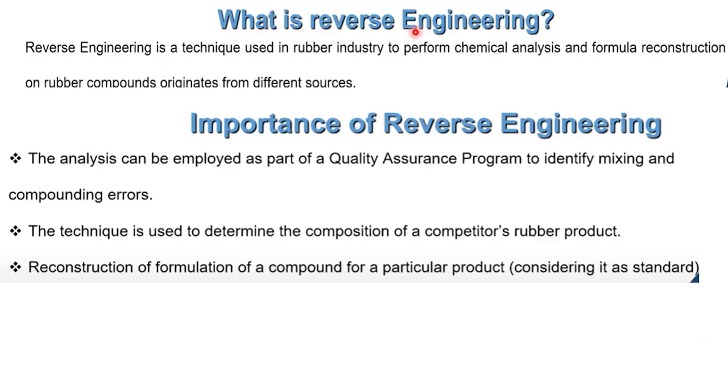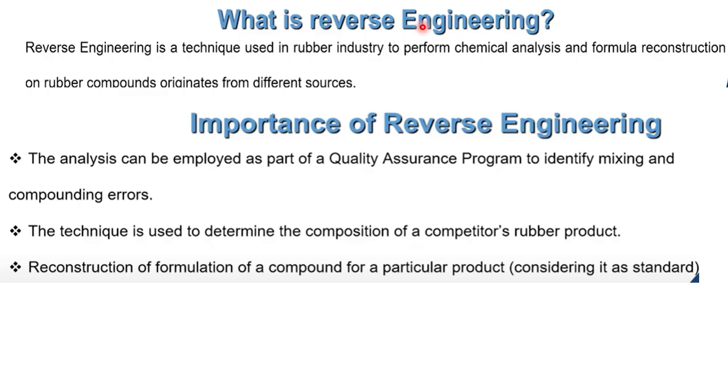The next important part is reverse engineering. So why is it important? Because to compete with the competitor, a manufacturer does reverse engineering, and also to further improve the properties. It is a technique used in the rubber or any polymeric industry to perform chemical analysis and formula construction of a rubber compound originating from different sources.